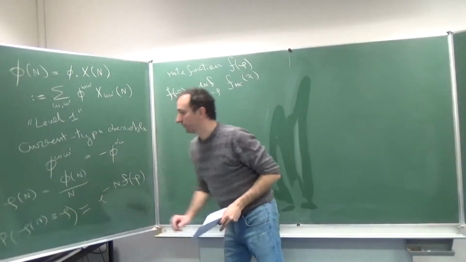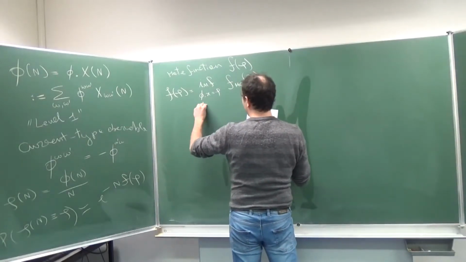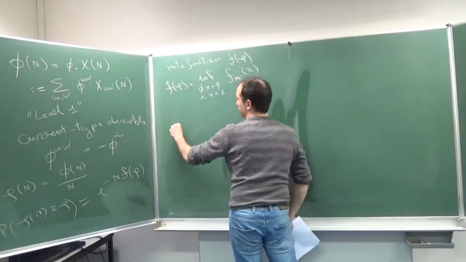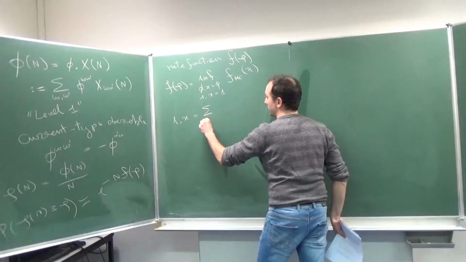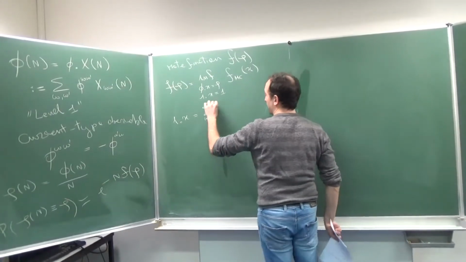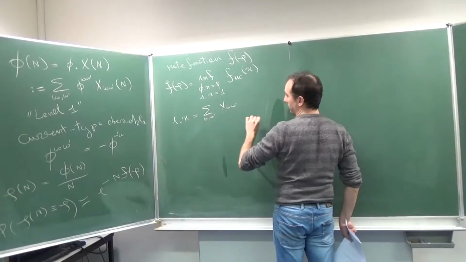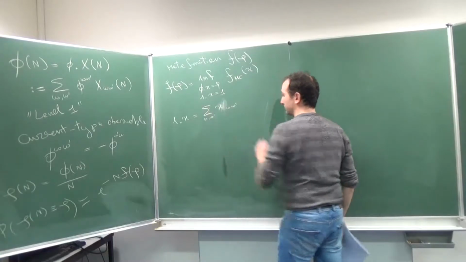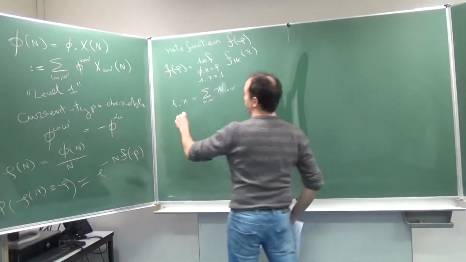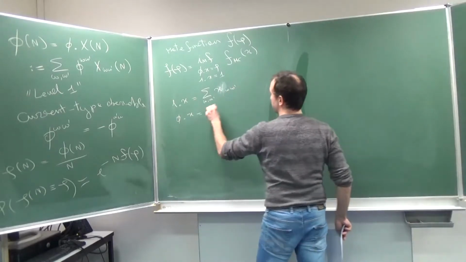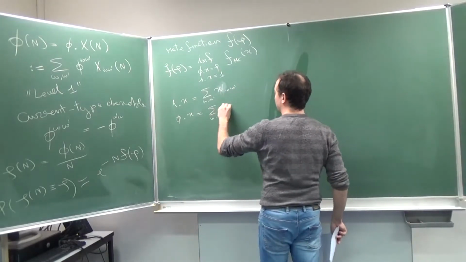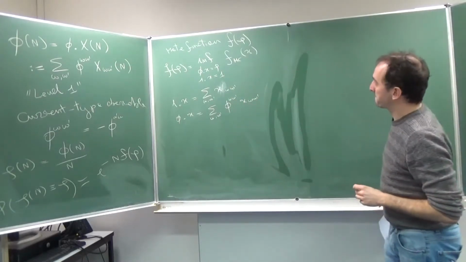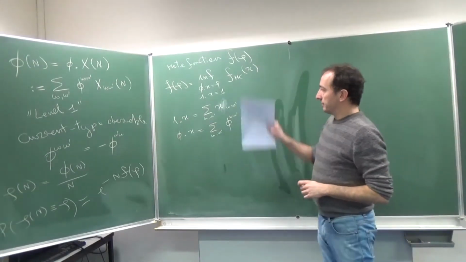We want the current to take that particular value, and let me write something like this. 1x equal to 1 is just a notation for the sum over omega prime, x omega prime. Okay? And phi x is the sum over omega prime, x omega. Okay? So this is what the contraction principle says.